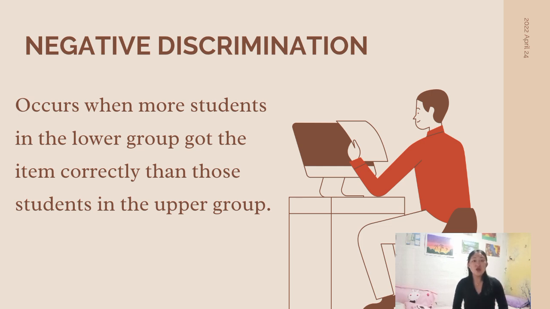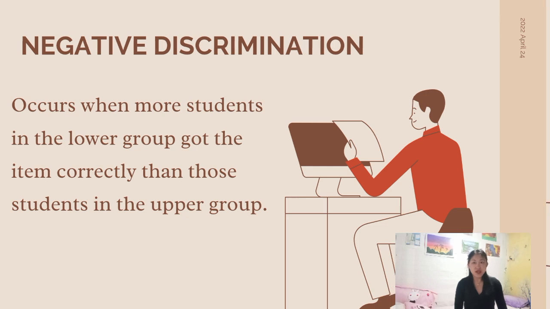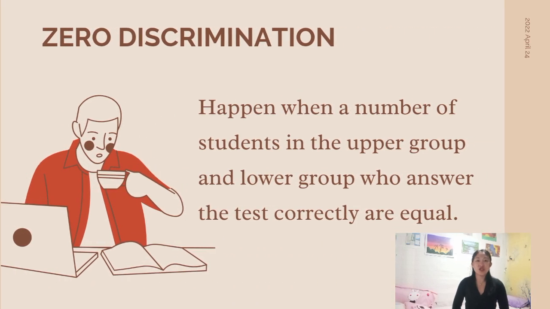Positive discrimination is when the upper group gets the item correctly or has a high score. In negative discrimination, the lower group got the high score. It is a reverse.